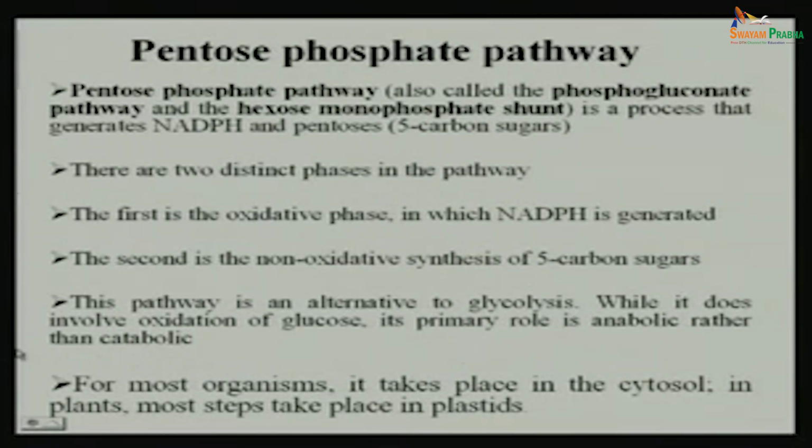While it does involve oxidation of glucose, its primary role is anabolic rather than catabolic. In most organisms, this pathway takes place in the cytoplasmic fluid of the cell, but in plants this particular step takes place in plastids.